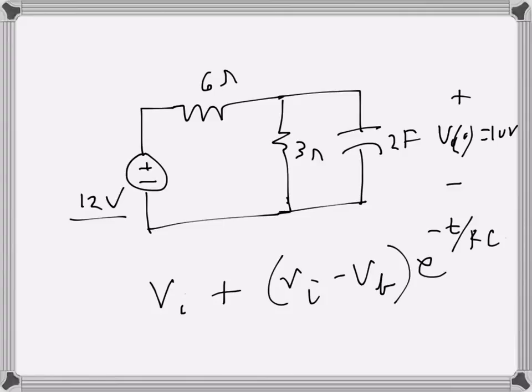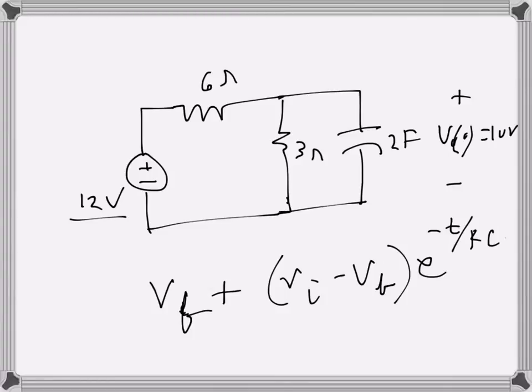We can use this formula. If we use this formula, we have to find the initial value. The initial value is 10 volts, which is given. We need to find the final value as well.